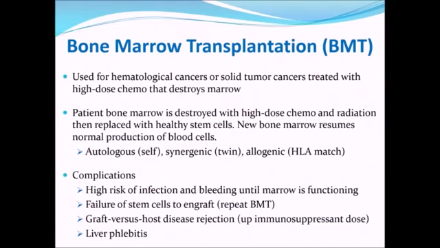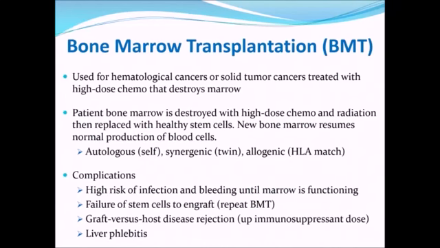Just a little bit on bone marrow transplantation. This is typically used for your hematological cancers, your leukemias, your lymphomas, but also solid tumor cancers that may have been treated with high-dose chemo that then destroyed the bone marrow. So basically what happens with this is they go through a process, but we're going to completely destroy the patient's bone marrow.